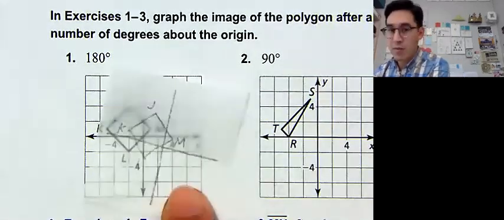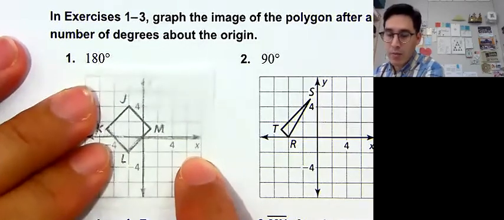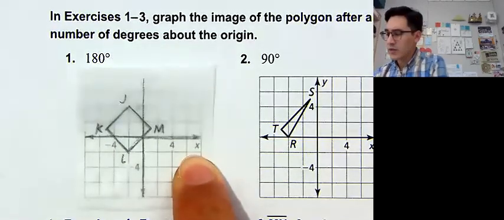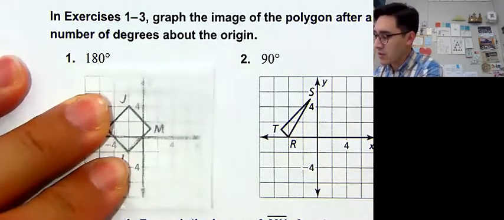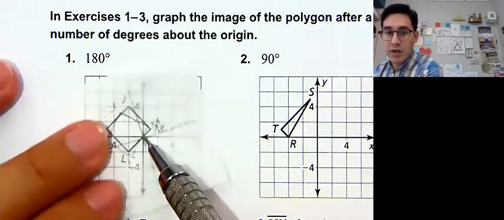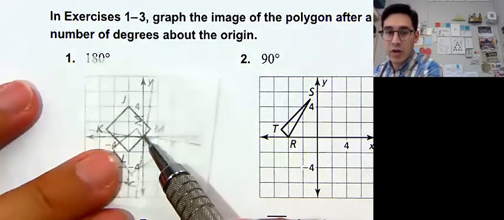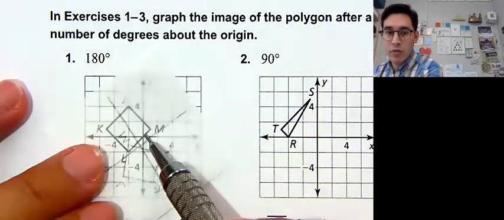Here is my hack: use tracing paper or patty paper. I've lined everything up, and I'm going to use my pencil to hold it there at the origin, and then turn counterclockwise. That was a 90-degree turn, and then I'll do that one more time.